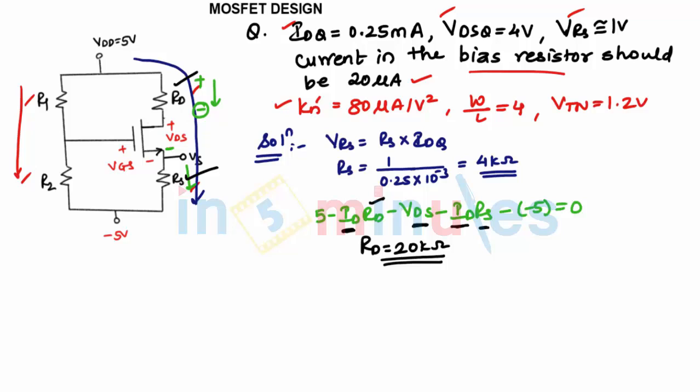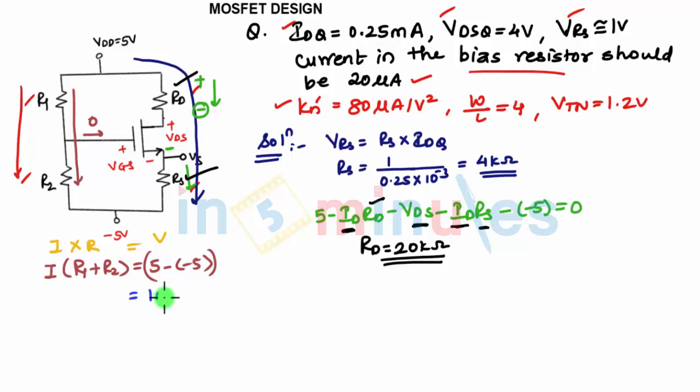Now by Ohm's law, we can say current into the total bias resistance, R1 plus R2. Since the current going into the gate is 0, the current flowing through these two resistances is the same, and the total voltage is 5 minus minus 5, that is 10, which is nothing but current into resistance, Ohm's law. Current is given as 20 microamperes.